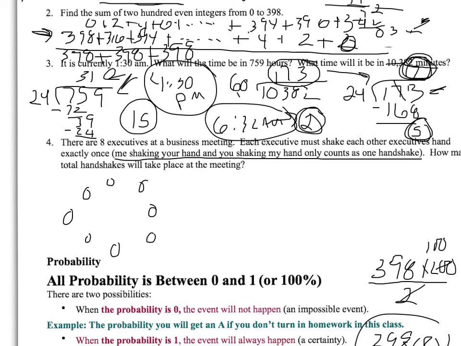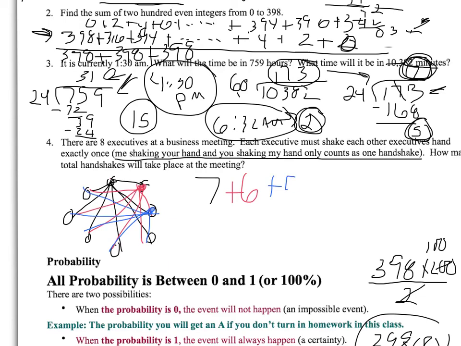And think about it like this. The first person is going to shake 1, 2, 3, 4, 5, 6, 7 hands. Well, the next person here already shook the first person's hand, so they only have to do 1, 2, 3, 4, 5, 6. So plus 6. This next person's already shook the first 2 persons' hands, so we have 1, 2, 3, 4, 5, so plus 5.